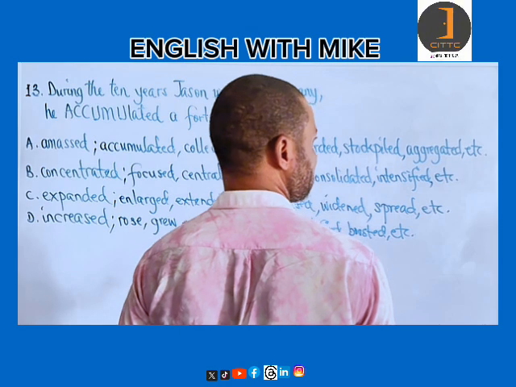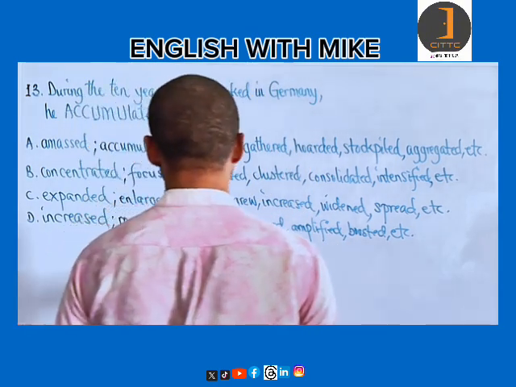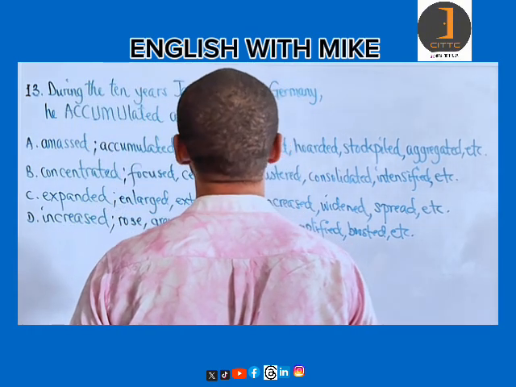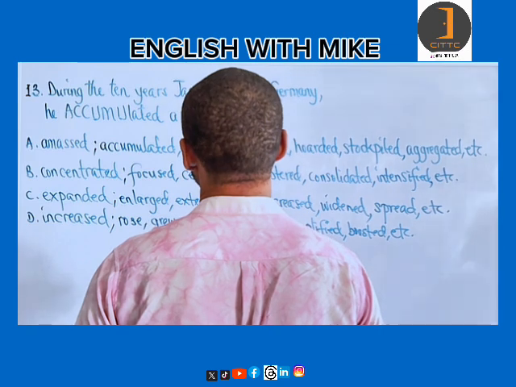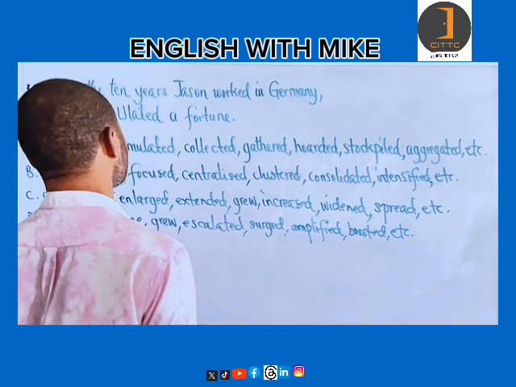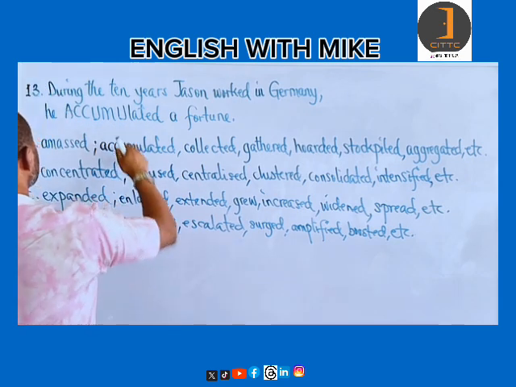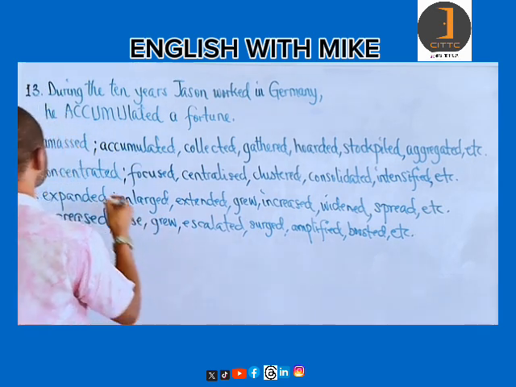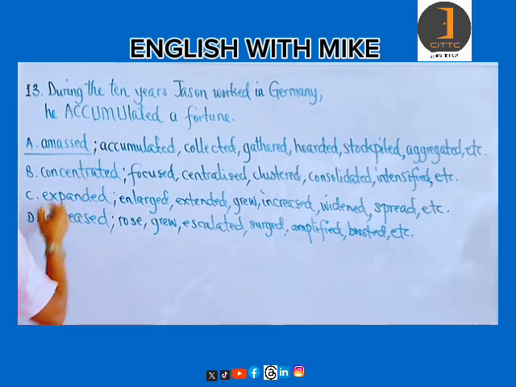So which of them is correct? During the 10 years Jason worked in Germany, he accumulated a fortune. Accumulated would mean amassed. Therefore, option A is correct.